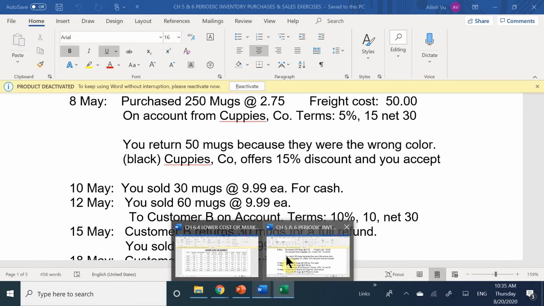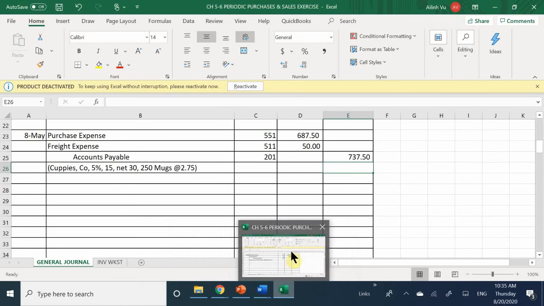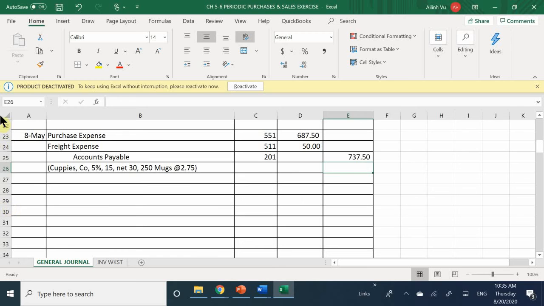Okay? So let's go ahead and lay down our foundation. What do we have here? Purchase returns and allowances. Now, what else are we decreasing as of this? Accounts payable.